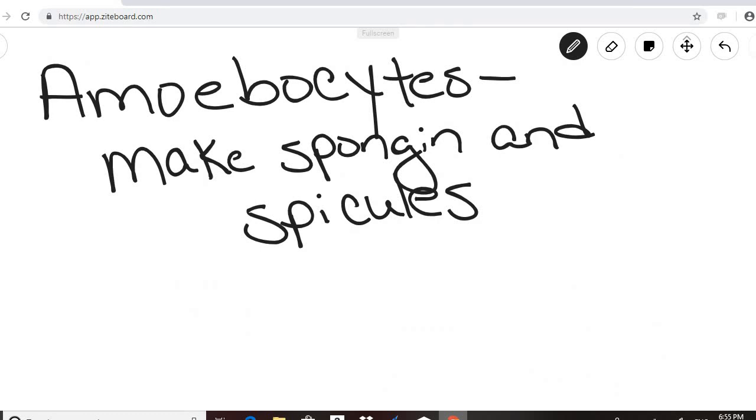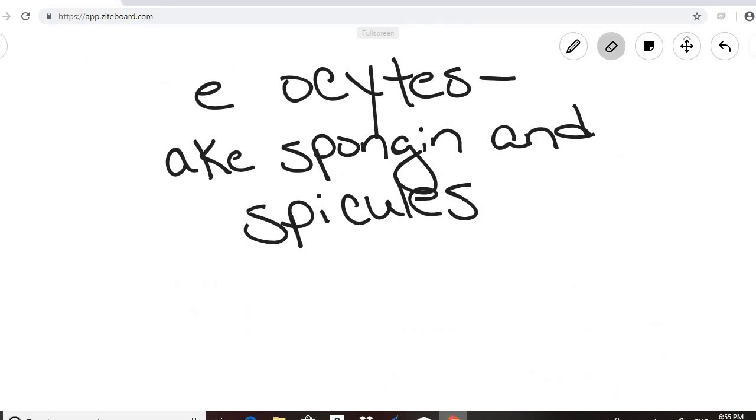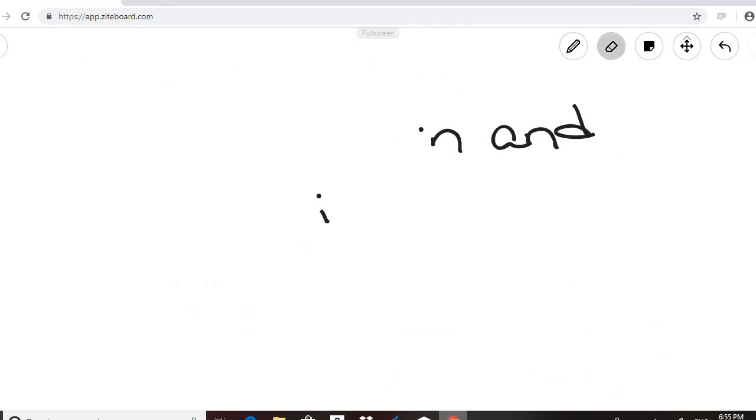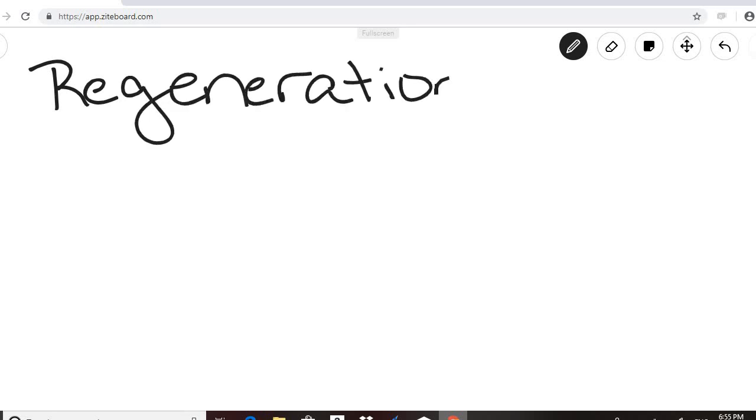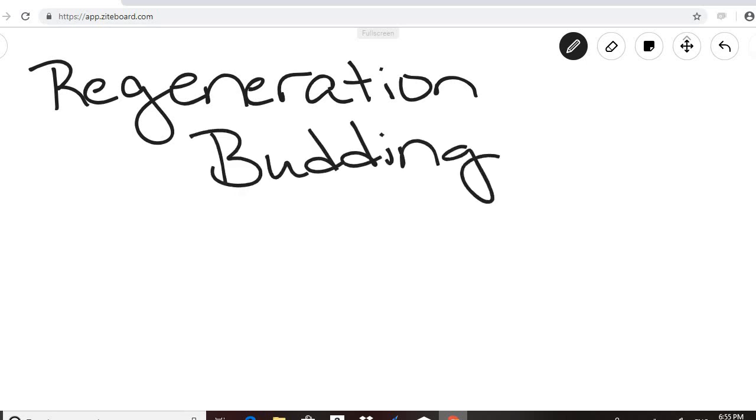I mentioned aggregation. Another thing that we see in sponges is regeneration.